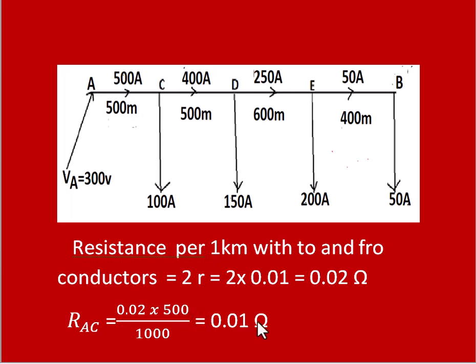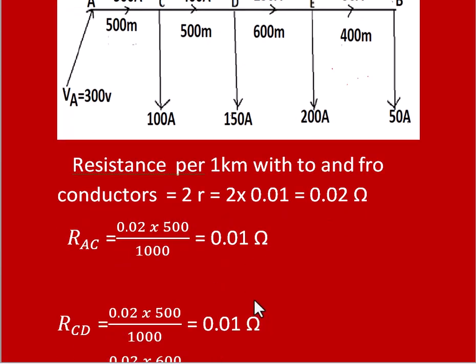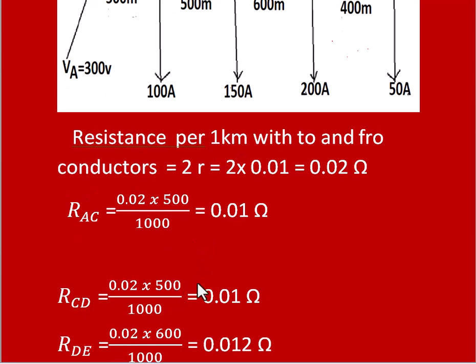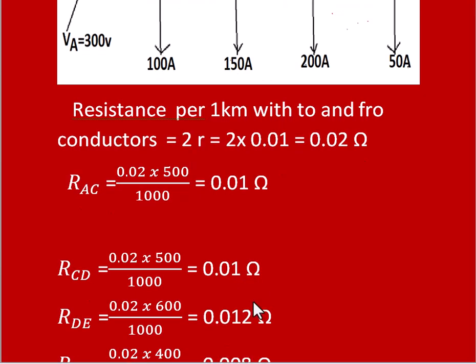So I will get here 0.01 ohm. Similarly for the CD section, the distance of the section is 500. So the resistance in this section is 0.02 into 500 divided by 1000, and it will give 0.01 ohm resistance.